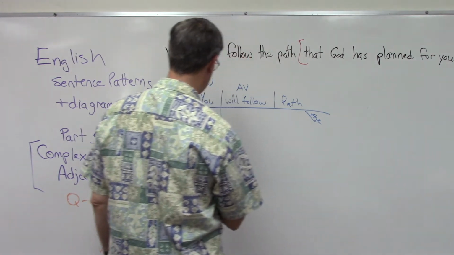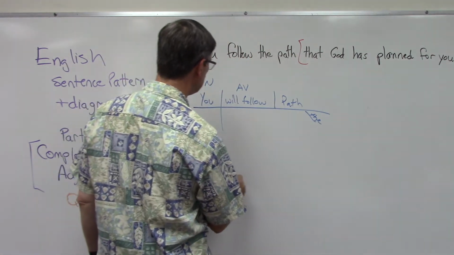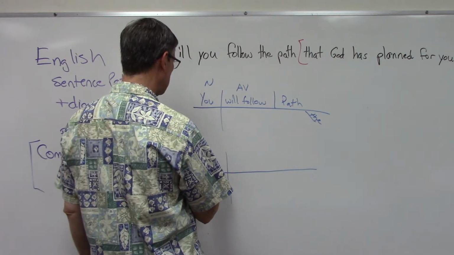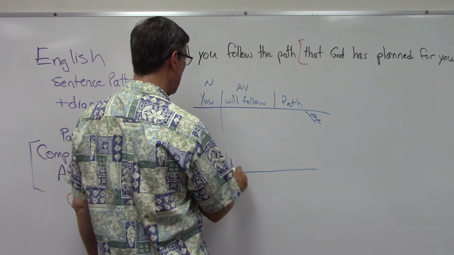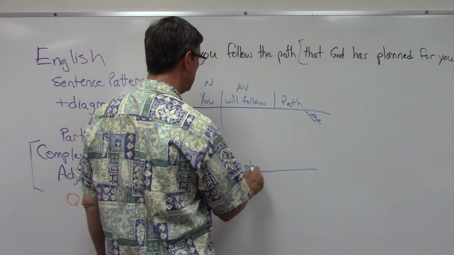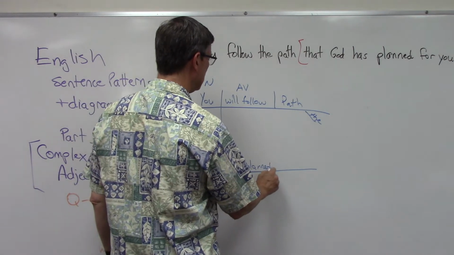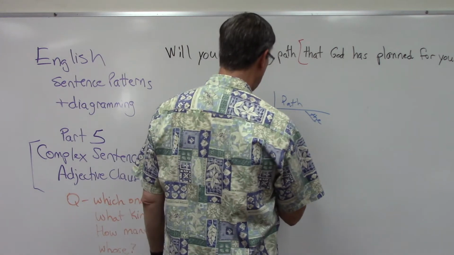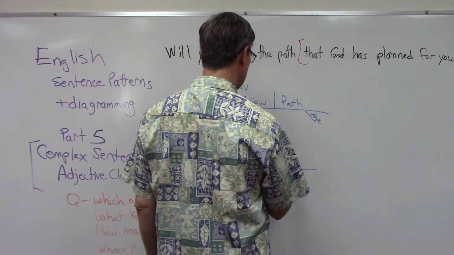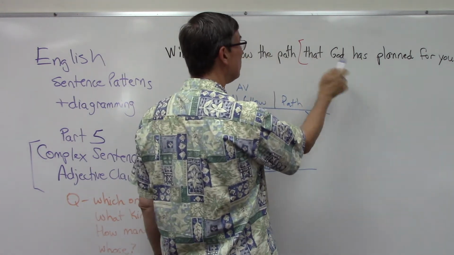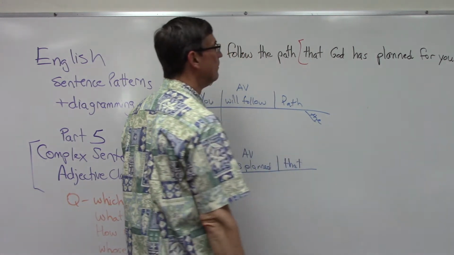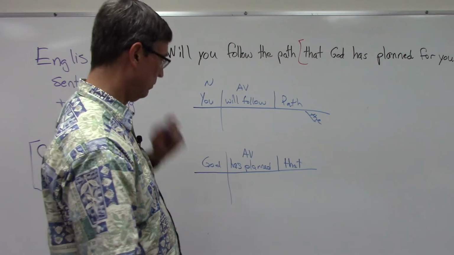That God has planned for you. So now let's take this last part and figure out, well, what is the subject? God has planned. Sounds like the verb, another action verb. Now this is what's interesting. Here's where the word that, God has planned that. And then for you.